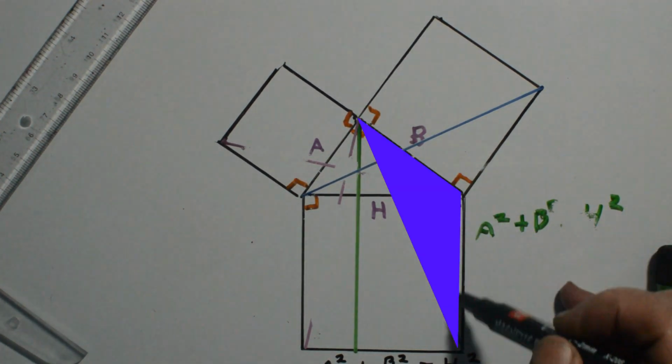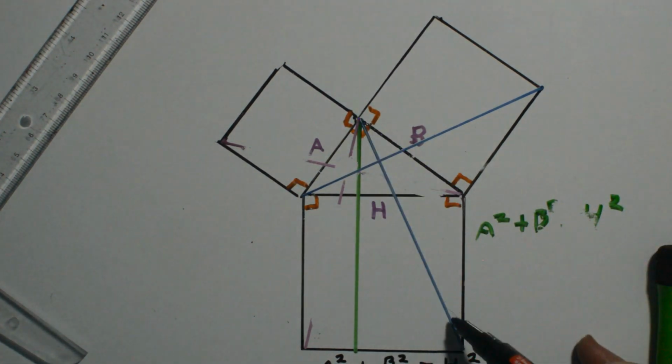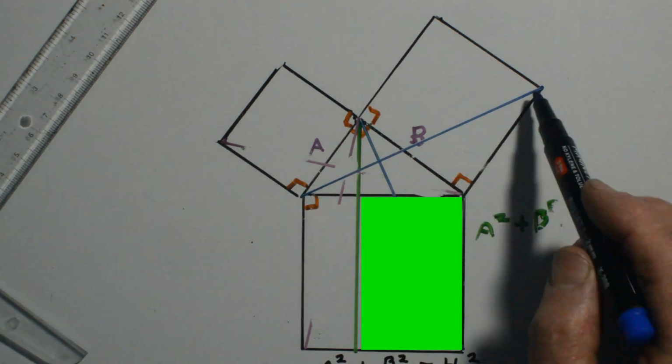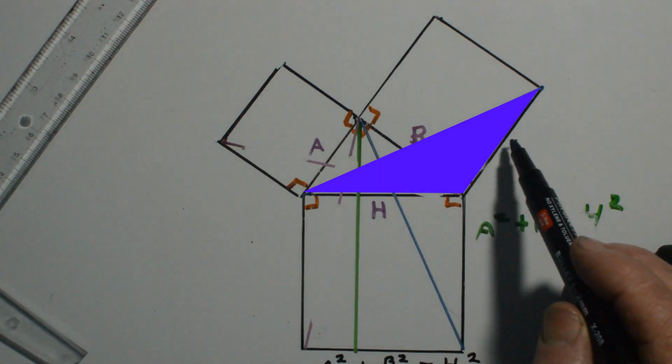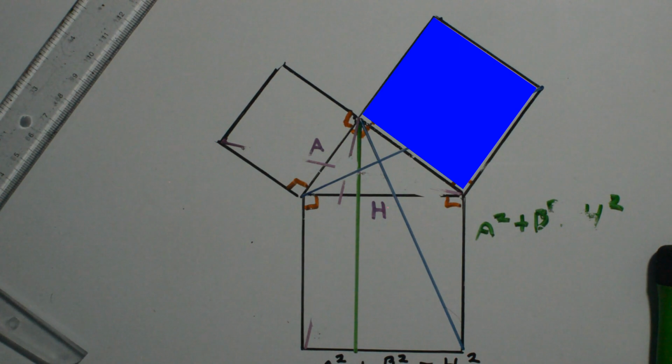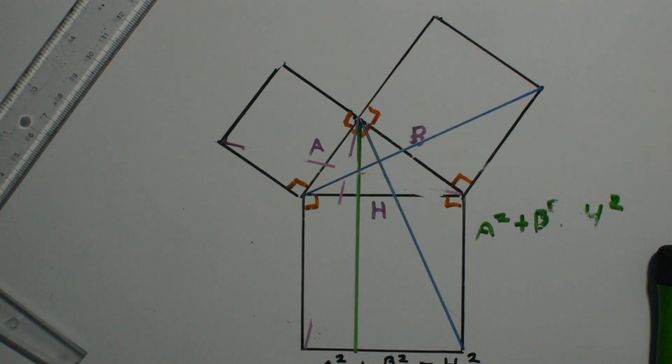This triangle here is half this rectangle. This triangle here, which is the same as that one, is half this square. There you go.